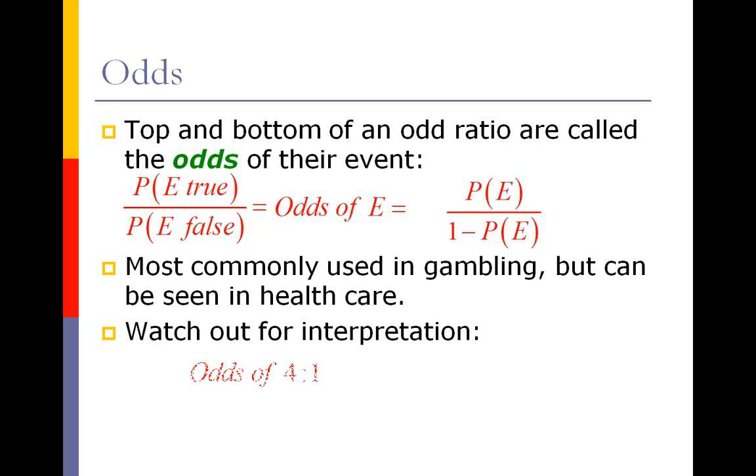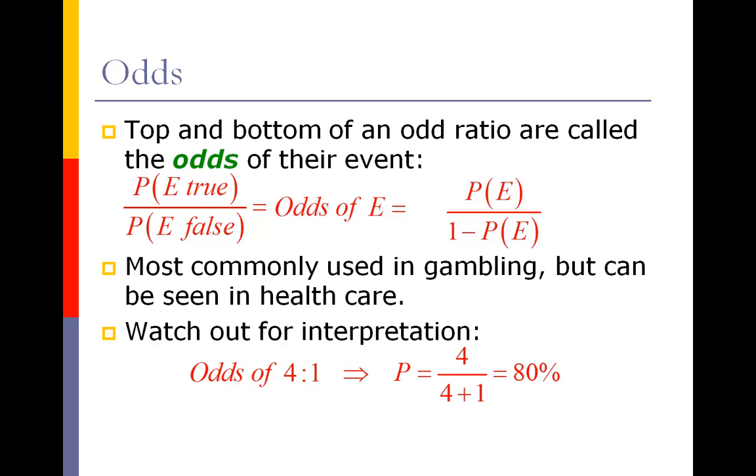The first problem is that if I say that the odds for an event are 4 to 1, okay, what does that mean in terms of probability? It doesn't mean that the probability is 1/4. In fact, remember, 4 to 1 is the ratio of the probability that the event is true to the probability that it is false, which means that altogether we have 5 possibilities, right? 4 that it is true and 1 that it is false.